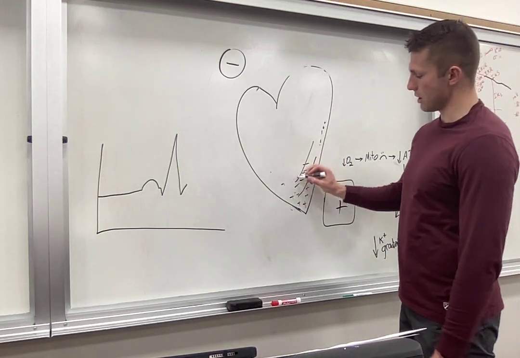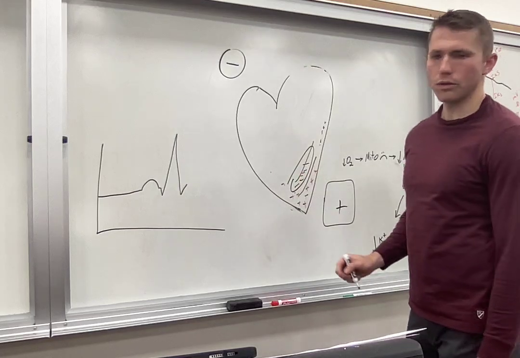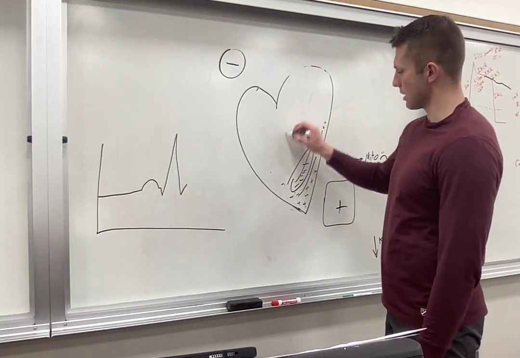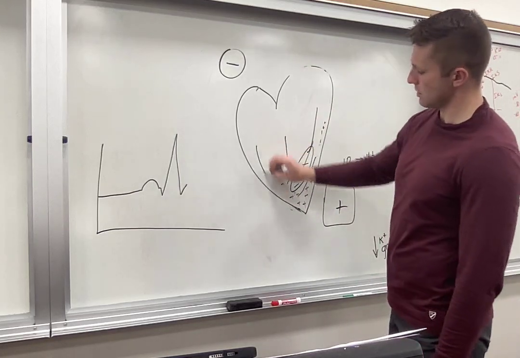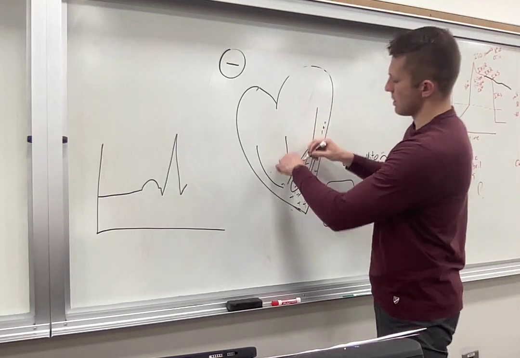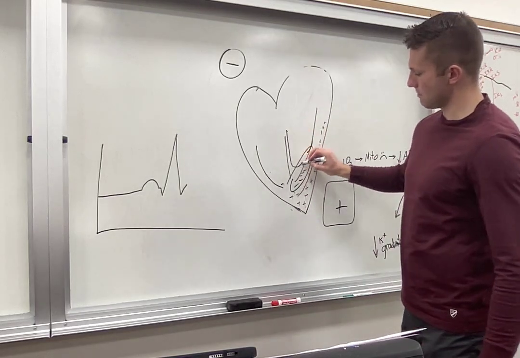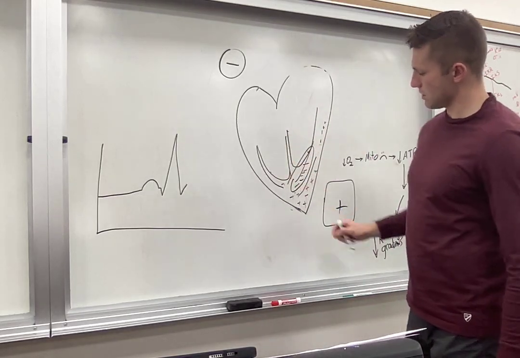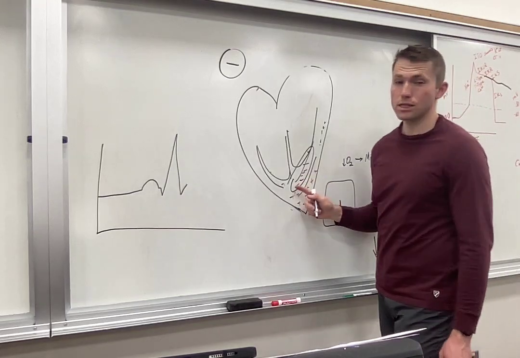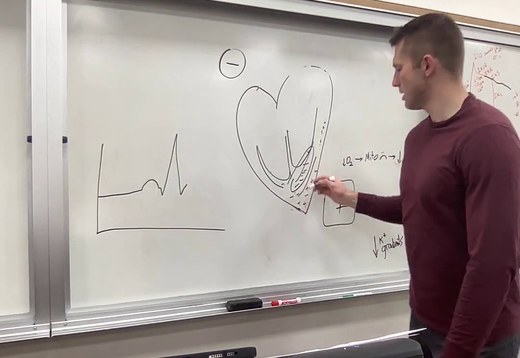we reach this part of the cell, which is the inner, I should draw some, that's the ventricles, right, in here. Here's the septum. So this inner part of the muscle, that's negative.